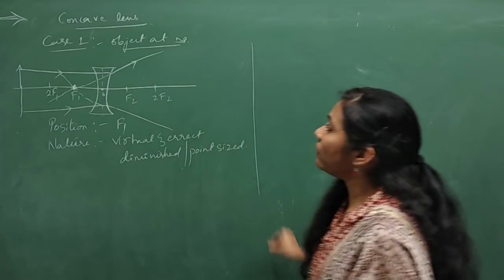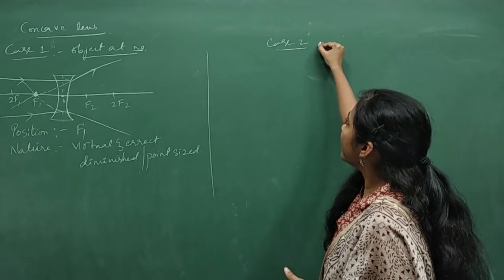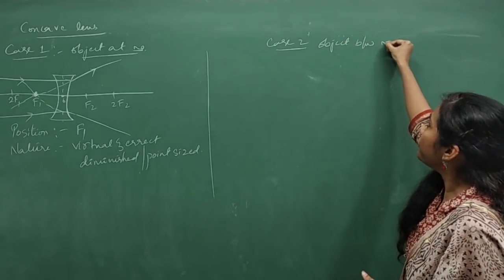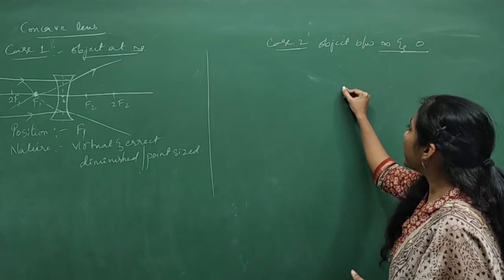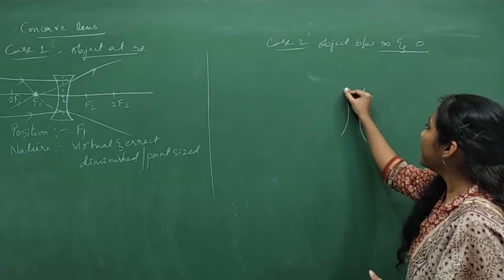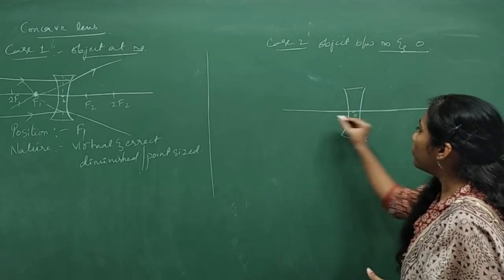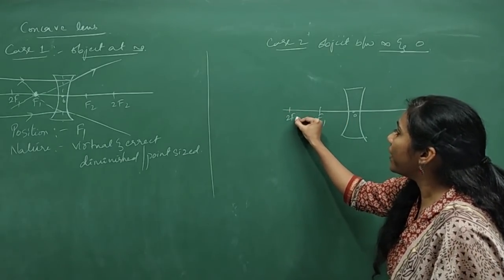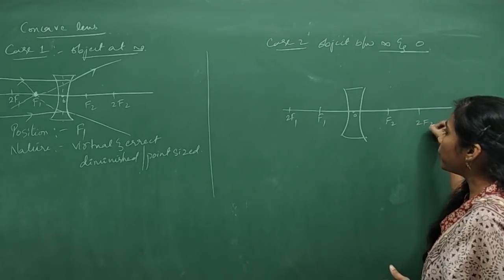Fine. And now let us see another case. In case 2, we can keep our object between infinity and optic center O. So if you keep your object between infinity and optic center O, how do you show the ray diagram? This is f1, this is 2f1, and this one would be f2 and this one would be 2f2.